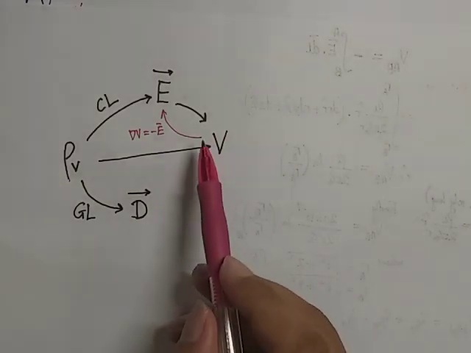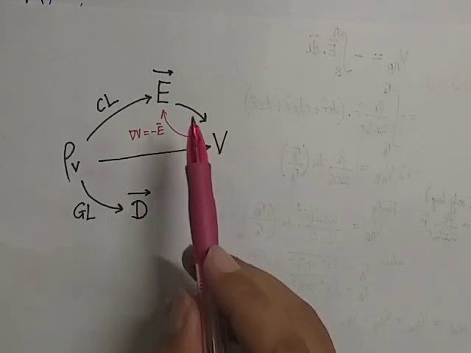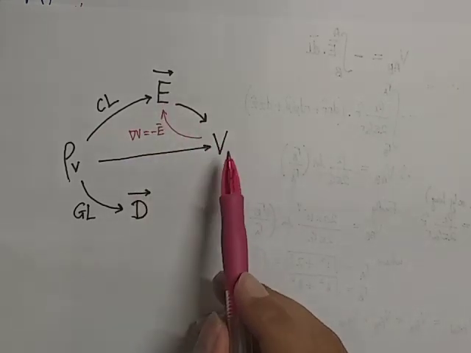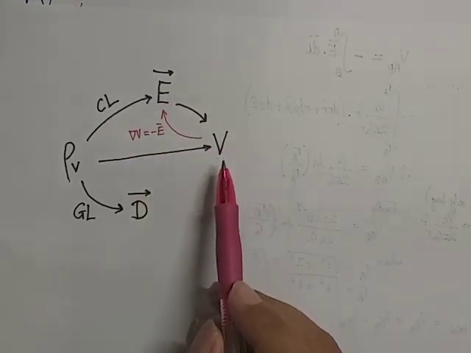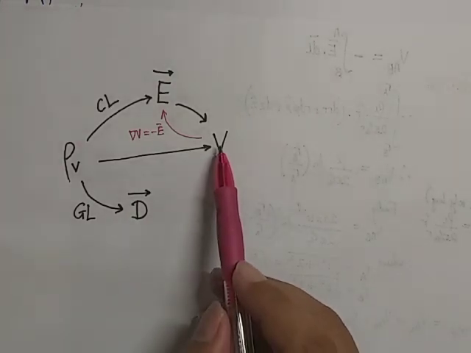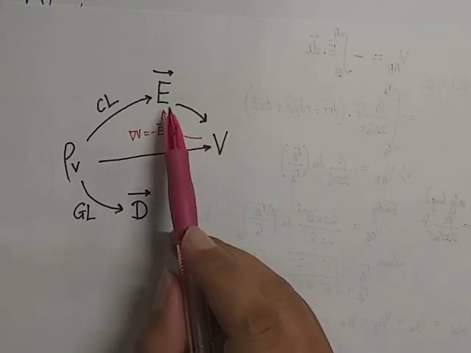We add new information here: by knowing V, we can find E. Before, by knowing E, we could determine V. But from what we discussed just now, we can have the reverse process. Given V, we can find E.